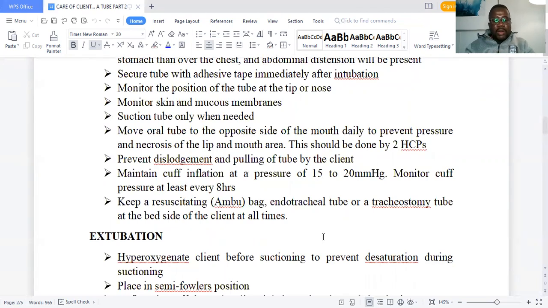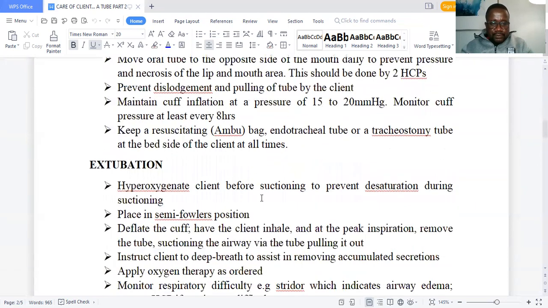Remember, we are talking about the airway here. So you have the ABC. A is the airway. You always have to attend to that first. So when you're taking care of a client who is on these tubes, make sure you have extra tubes at the bedside and whatever is needed to give air to the client when necessary.